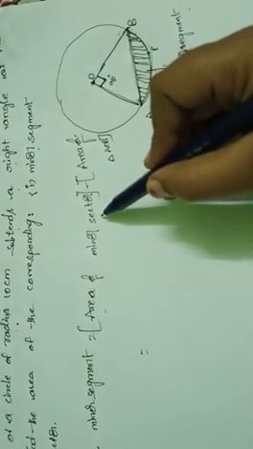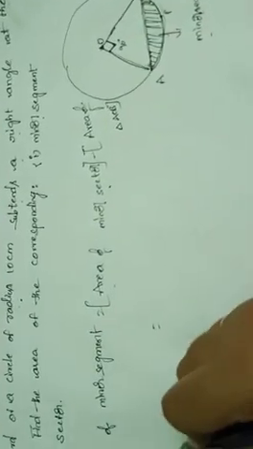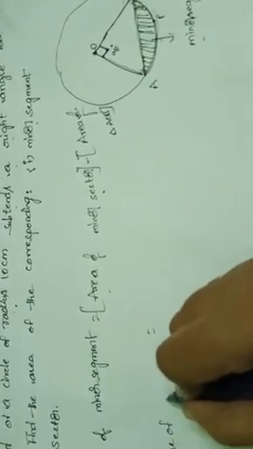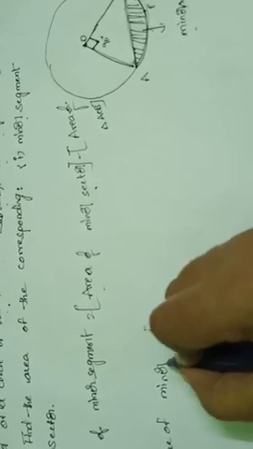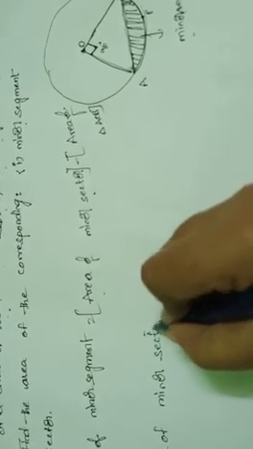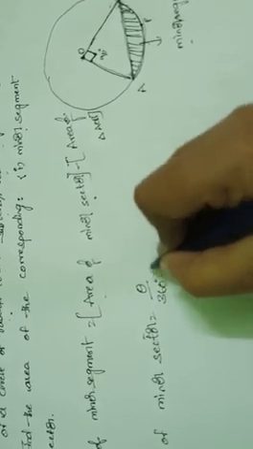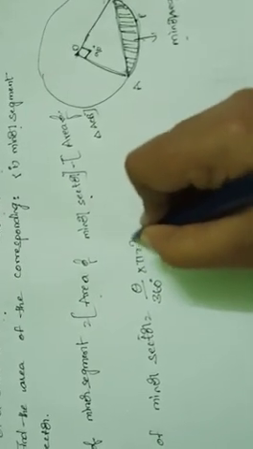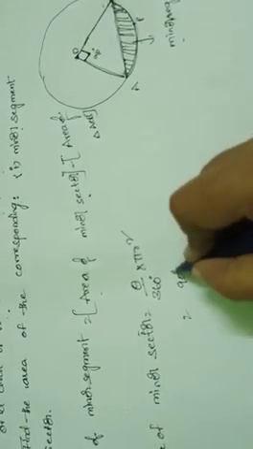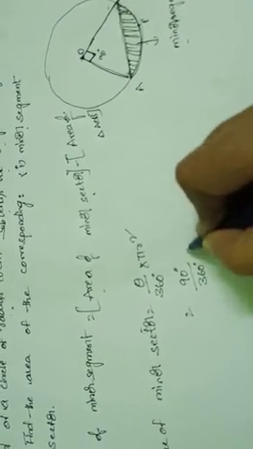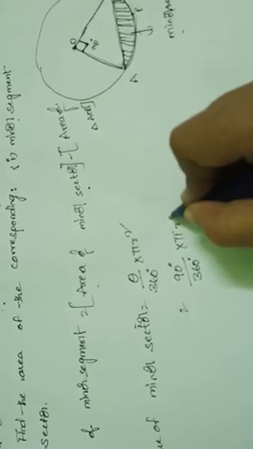What is the area of minor sector? Area of minor sector equal to theta by 360 degrees into pi r square. Here theta equal to 90 degrees by 360 degrees into pi r square.